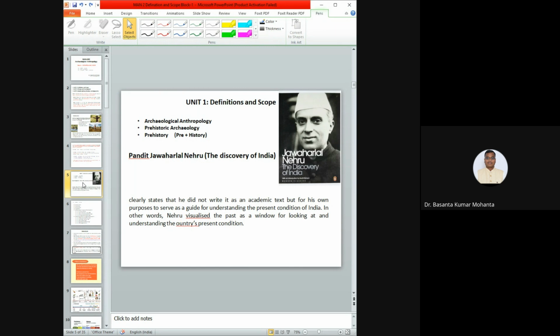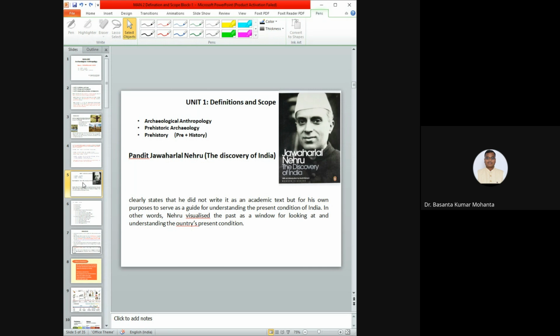In this context, we may cite the work of Pandit Jawaharlal Nehru in his book, The Discovery of India. He mentioned that he did not write it as an academic text, but for his own purpose, to serve as a guide for understanding the present condition of India.